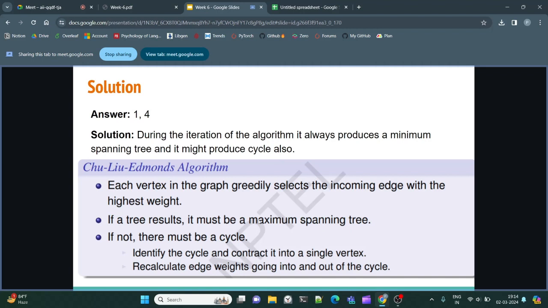So at each step, if there's a cycle, a cycle does not necessarily give you a minimum spanning tree, right? A cycle and minimum spanning tree cannot always be possible. So today we have a problem coming up where we'll do this algorithm. Once we solve that, I think it would be clearer. For now, you have to see.